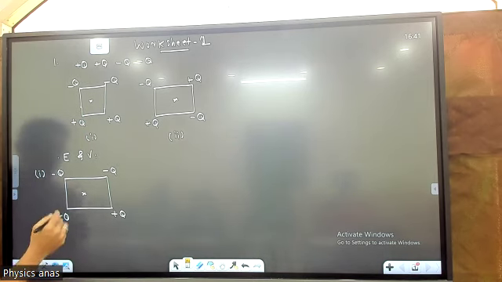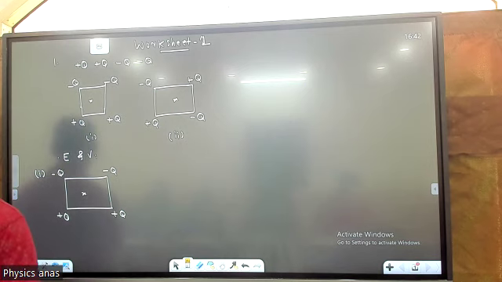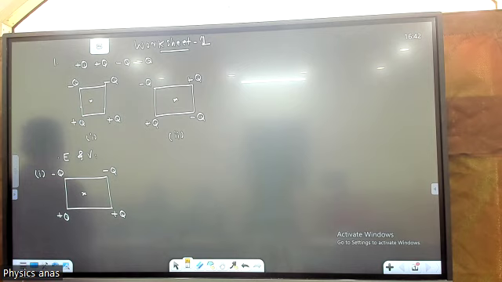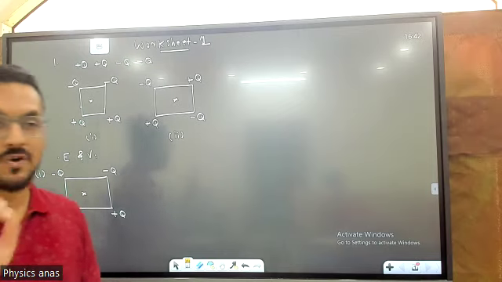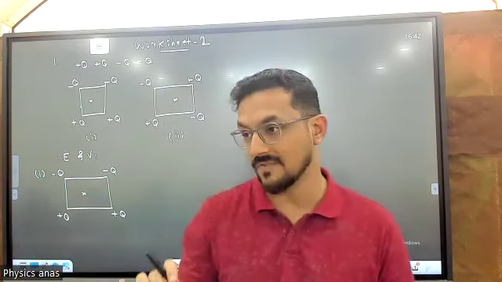Now look at this figure. What is the nature of electric field due to a positive charge? No, that's not positive. In electric field, there is no positive electric field or negative electric field.